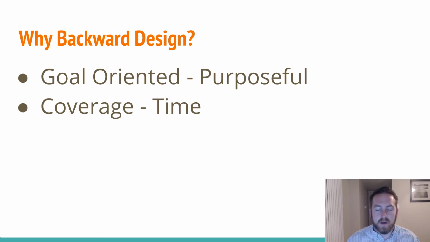In high school, what tends to happen is you get a textbook, start on page 1, and go all the way through the textbook. Well, in elementary and middle school, we might not have near that problem, but what we do have is teachers not looking at the verbs of the objectives and what students are actually supposed to be doing.